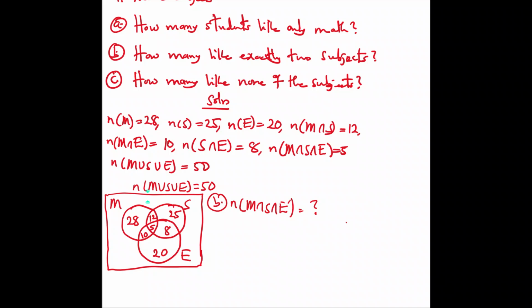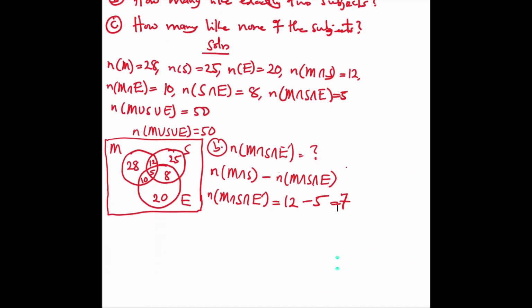The formula will be number of students who like math and science minus the total number of students who like all three, which is M intersection S intersection E. So in this case, for us to get number of M intersection S intersection E prime, M intersection S is 12, and the total of students who like all three is 5. So that's 12 minus 5. So that will be 7.